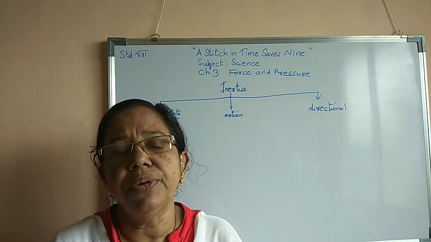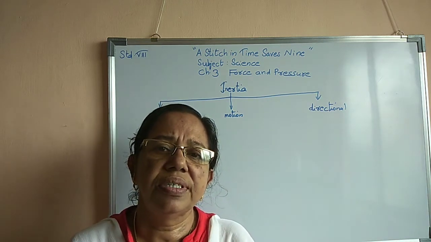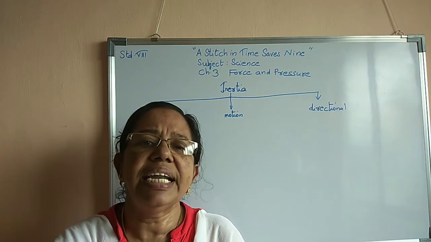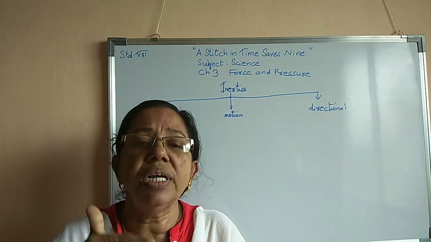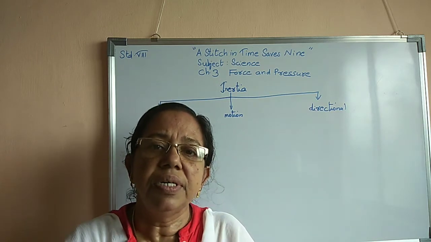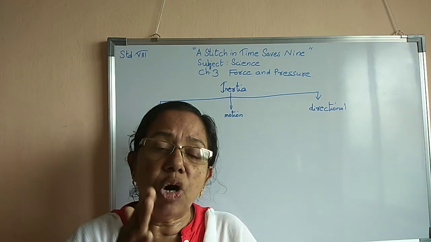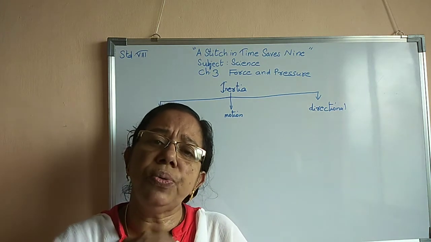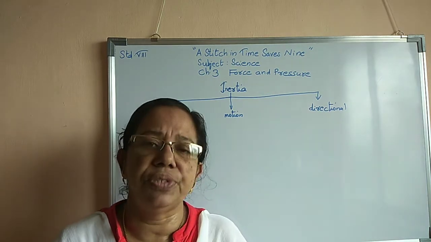Now we can study directional inertia. If an object or a vehicle is moving towards a particular direction, it will move through the same direction till we apply a force.